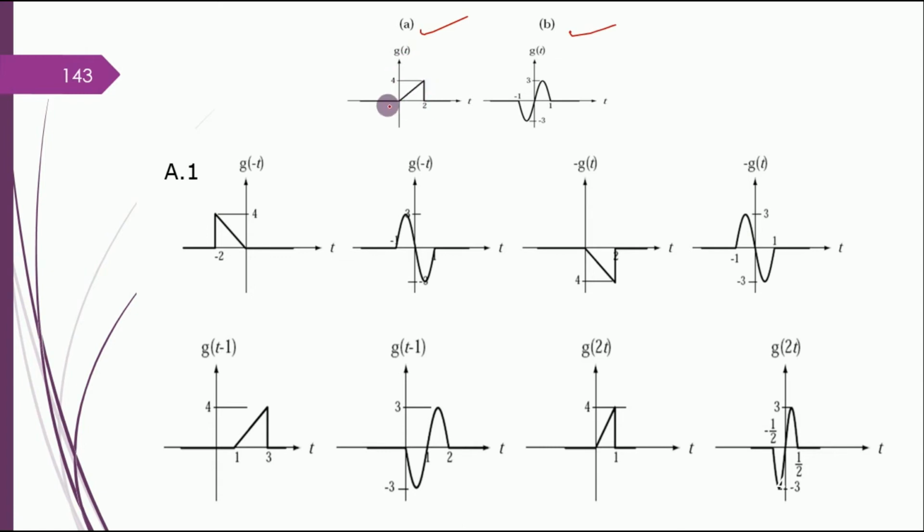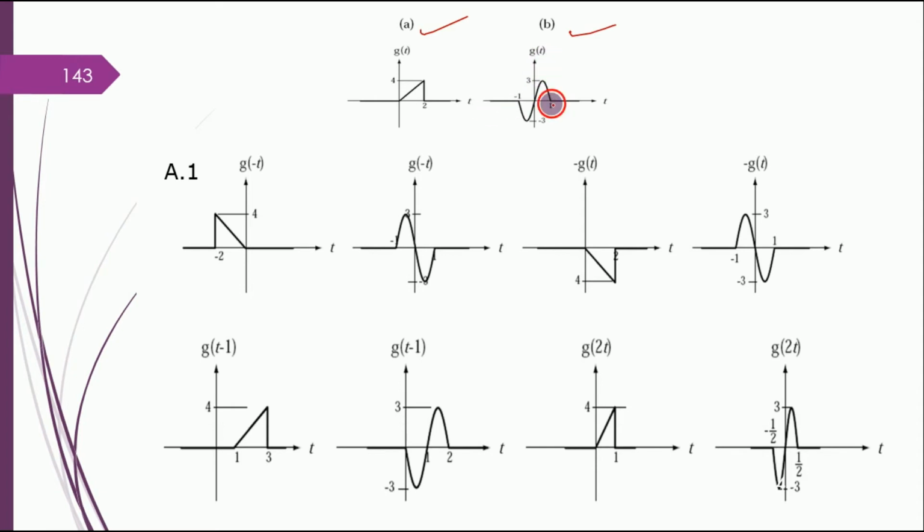For the simple right angle signal, if I apply a reflection g of minus t, the minus means divide by minus everywhere. That's the meaning. Minus 2 becomes 2, so reflect it. This is how it looks. Okay. And similarly, g of minus t for this will be a reflected version.